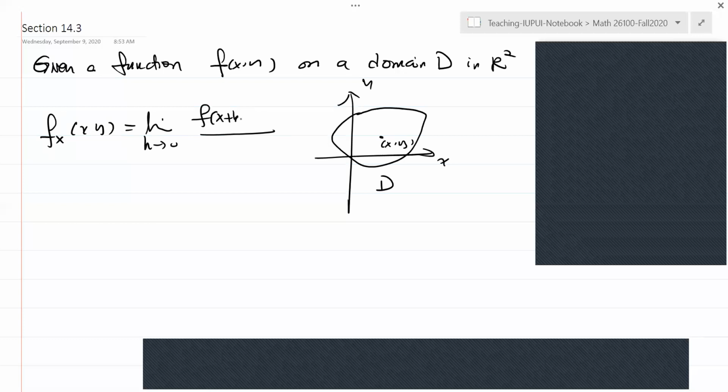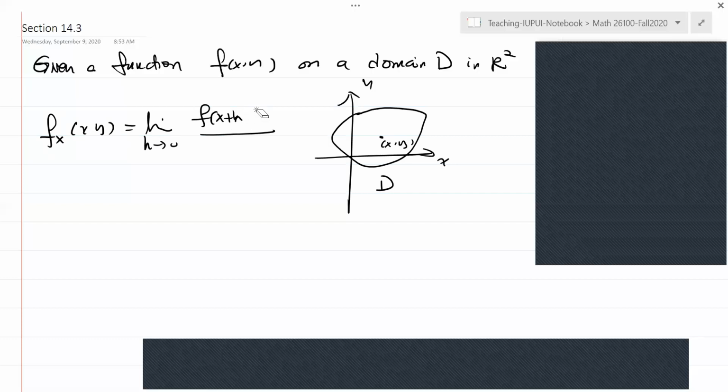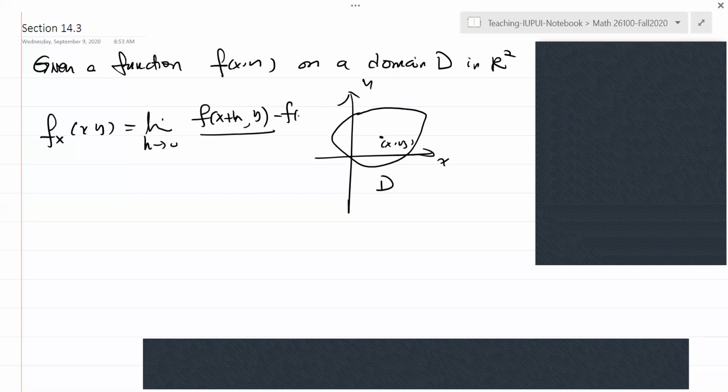This is with respect to x, so just some change h in the x variable, with the same y variable, divided by h. So here we view y as a constant, and then just differentiate the function with respect to x, roughly speaking.